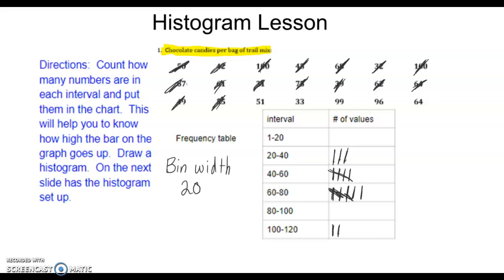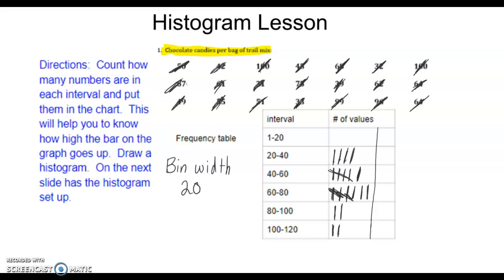All right, 51, 33, 99, 96, and then 64. All right, so now I always like to draw a line, and then I'm going to put my totals on the other side of that line.